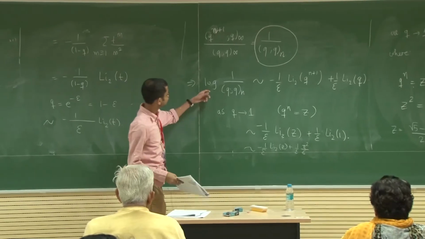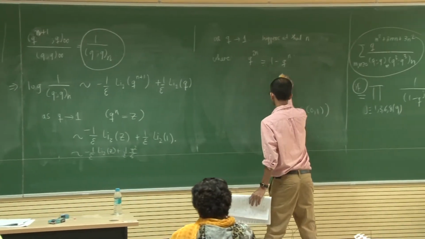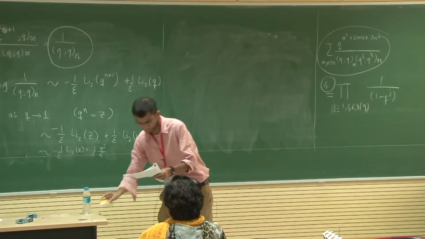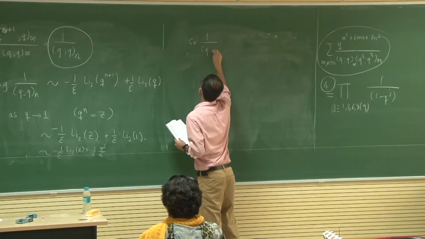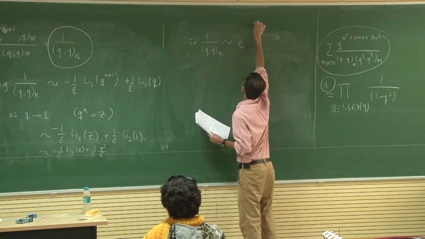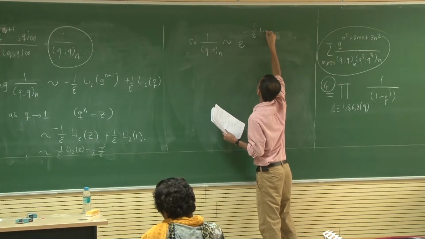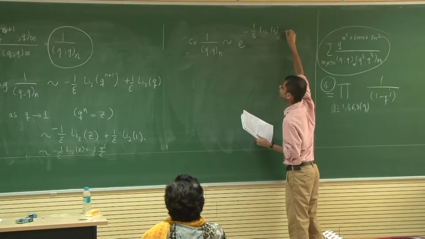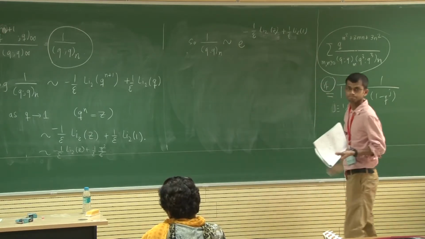So we found the logarithm of this term, which means that we don't want the logarithm, we want the term itself. It is roughly e to the that. Okay, all good.